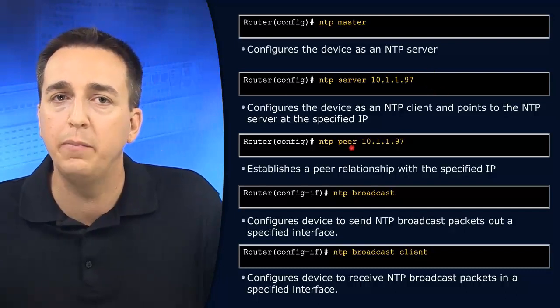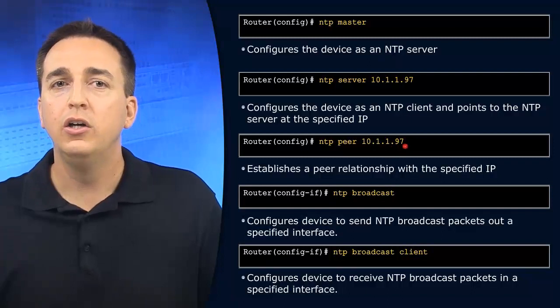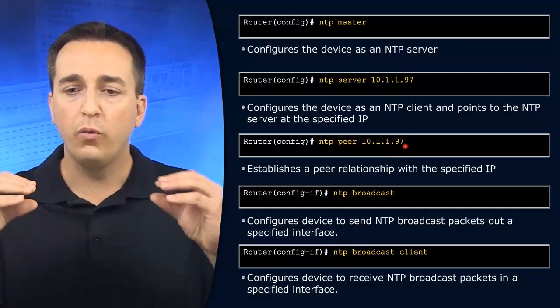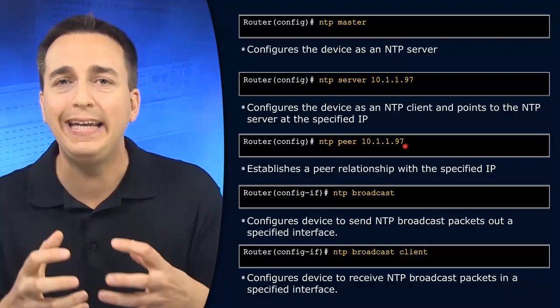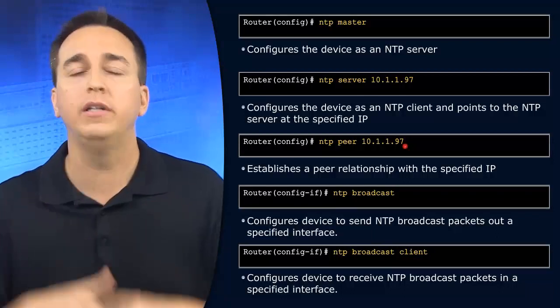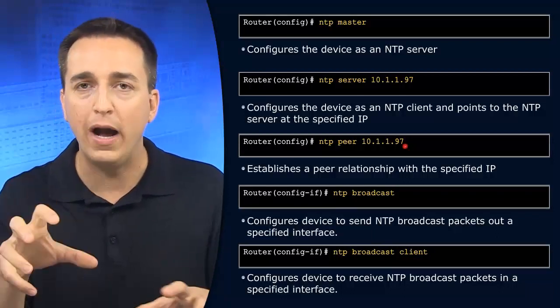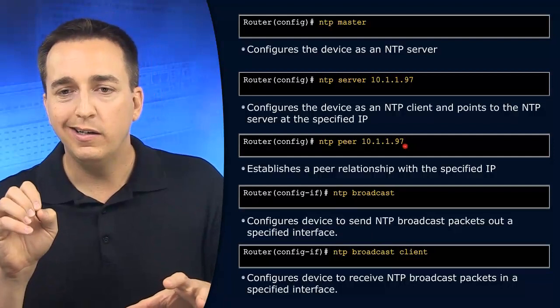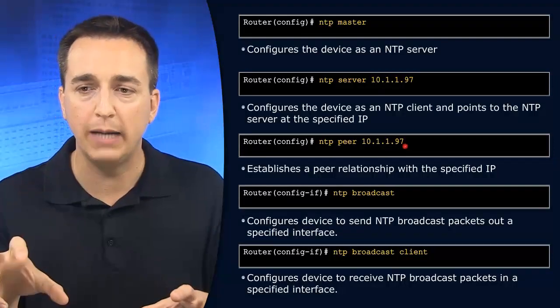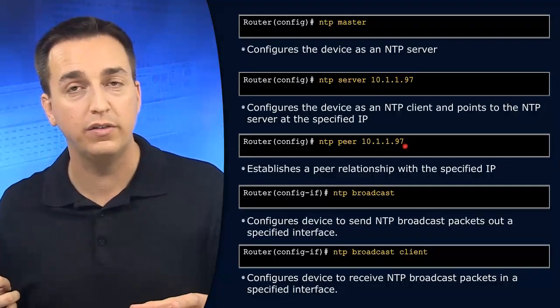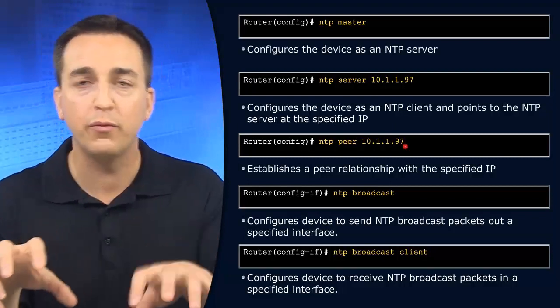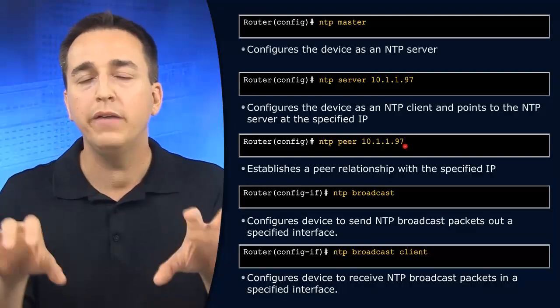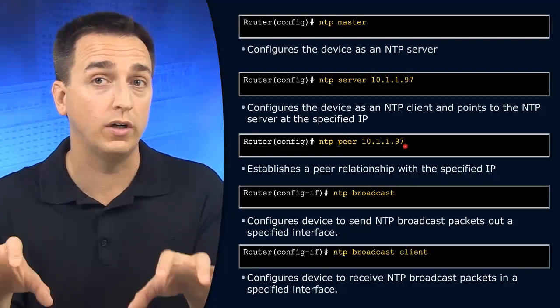Now, the peering command can be utilized for the redundancy that we might need at certain points within the environment. So, for example, we have a router set up to get its time from a particular time source, and then it's going to hand out time to the rest of the devices in our organization. We have another router that's doing the same thing. Well, what if they lose connectivity to their time source?